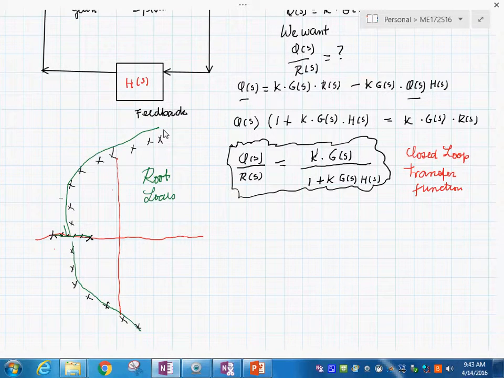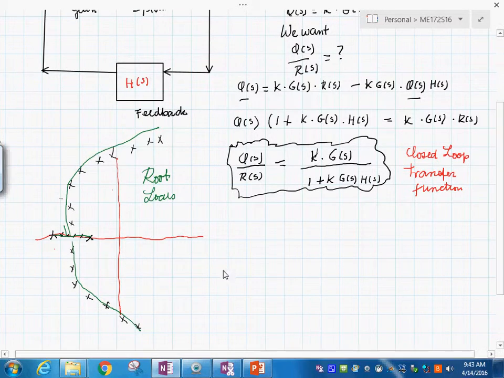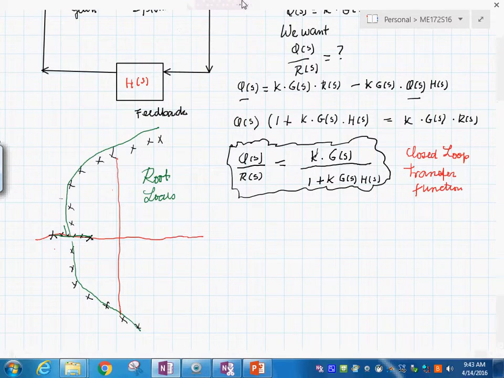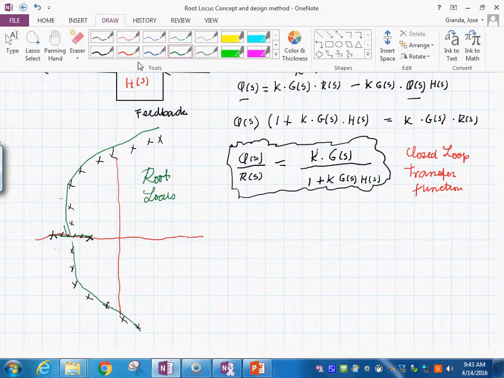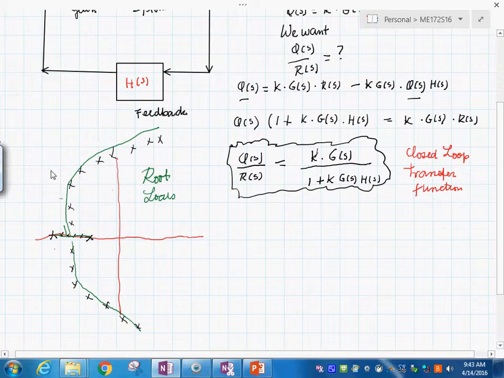Now, I think by now you know that if you have roots like this, you could predict what the output is, right? In fact, I am going to put it in red color here. Of course, there are always complex conjugate pairs, right?